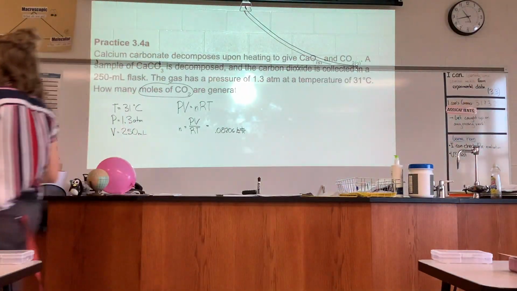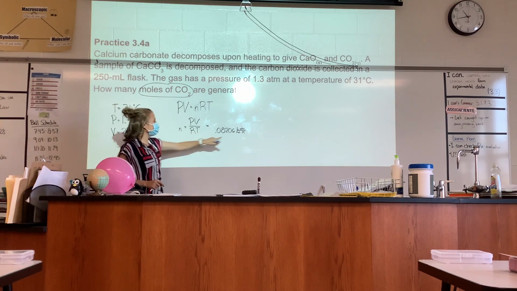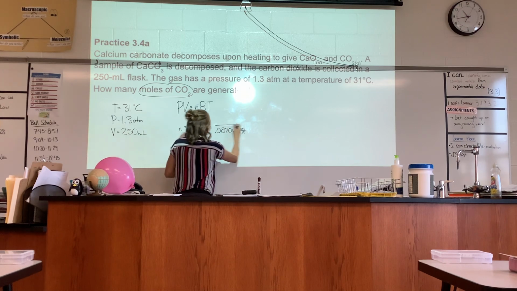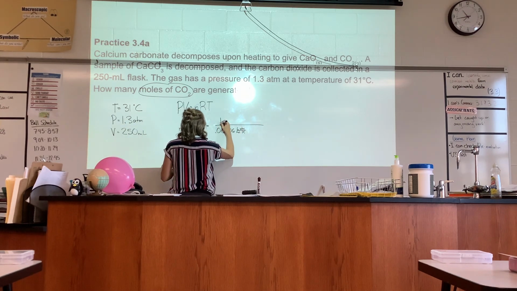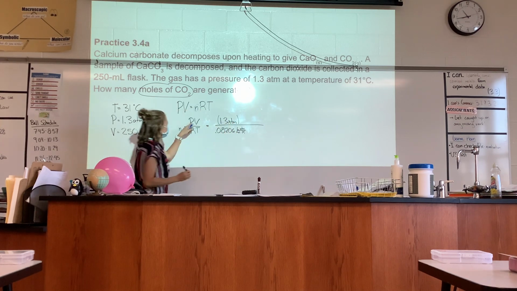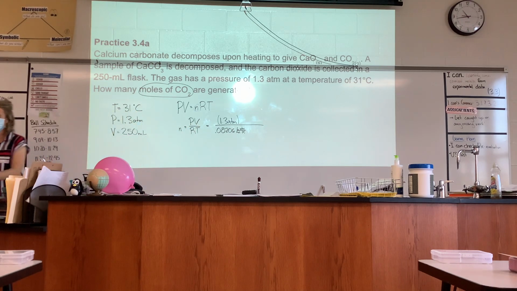Okay, so there's our R value. Now we need to make sure that P, V, and T match these units. Pressure is the same, so I can plug that in, 1. There's my P. What unit does my volume need to be in?